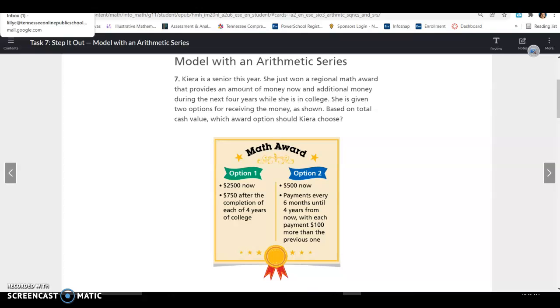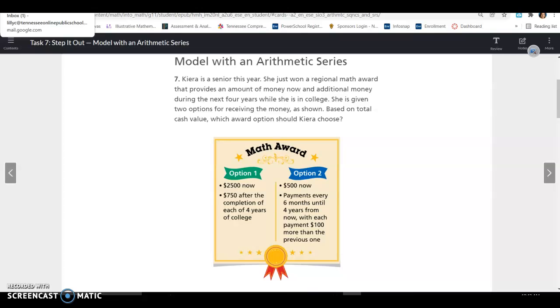All right, so option 1 shows that she gets $2,500 now. That's the initial payment. And she's going to receive $750 after the completion of each of 4 years of college. So she'll get 4 more payments of $750. Option 2 says she's going to get $500 now.